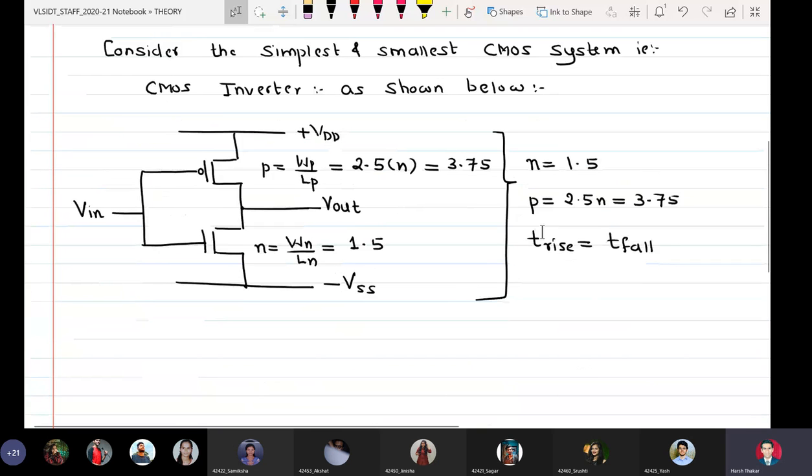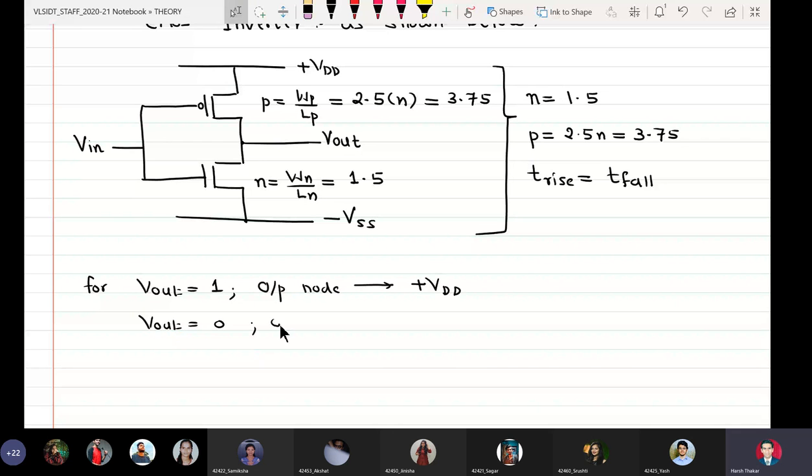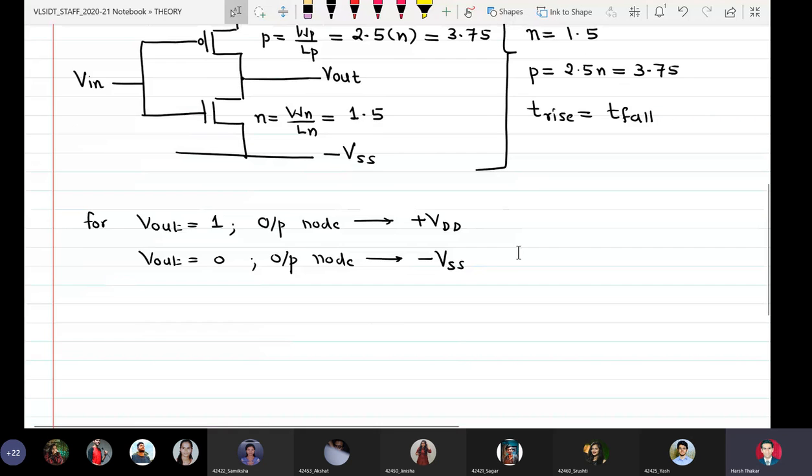Before we go ahead, we will define what is called the pull strength of a CMOS system. In the beginning of the unit we had discussed that for Vout equal to logic 1, the output node must be connected to plus VDD, and for Vout equal to logic 0, the output node should be connected to minus VSS.